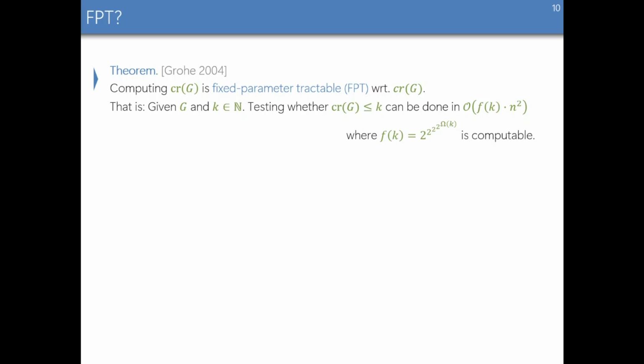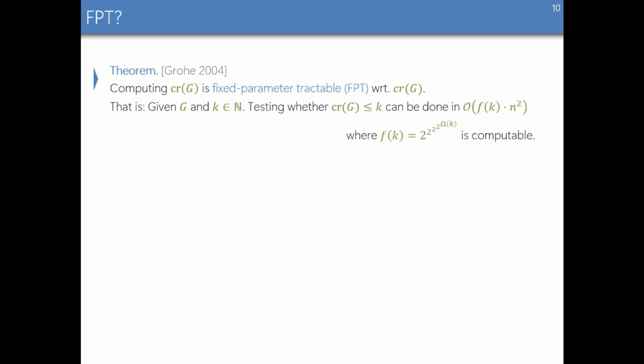The problem is fixed parameter tractable. That means, with its natural parameterization, the crossing number itself, we can test whether a graph has a crossing number at most k in a running time that is only polynomial in the input size, if we allow the algorithm to be exponential or higher dependent on some parameter k, where k in our case is the crossing number itself.